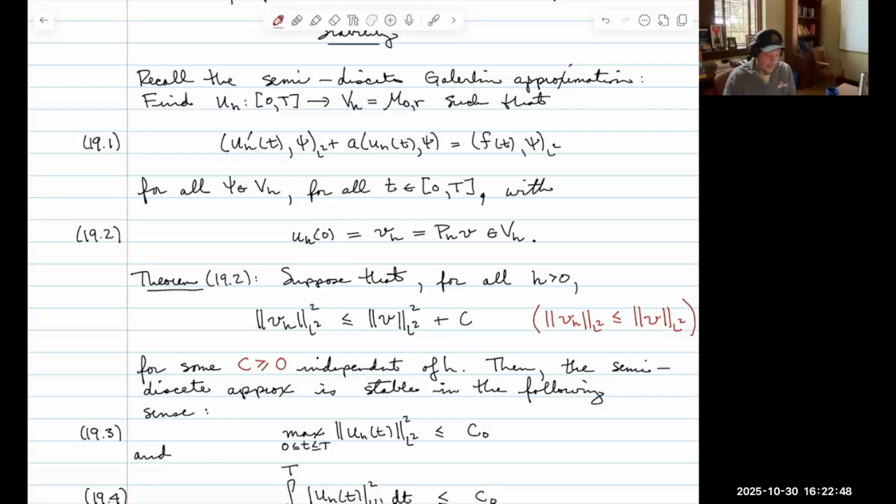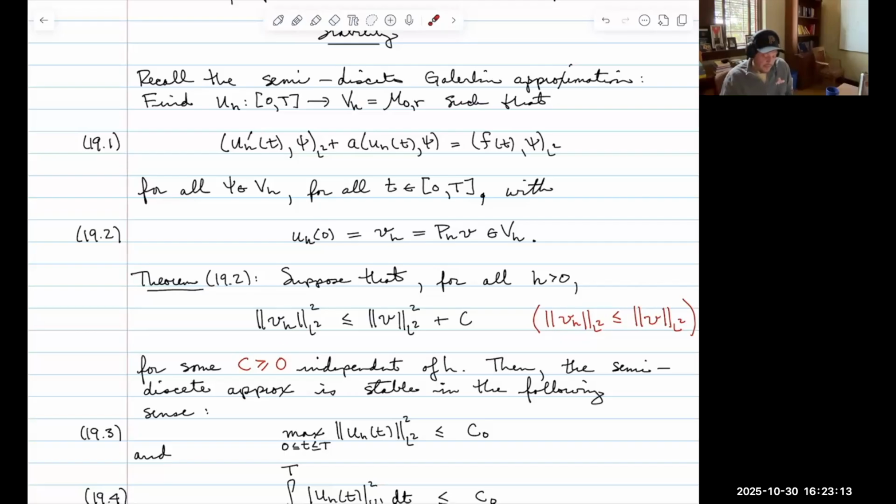So I'm going to change this and say for some constant which is greater than or equal to 0. Now that constant has to be independent of h, because as I take h smaller and smaller, I don't want that constant to change. Everything over here is independent of h. Everything over here can have a dependence on h, but hopefully it doesn't get worse as h gets smaller and smaller, and this estimate prevents it from getting worse. So we call this a stability estimate.